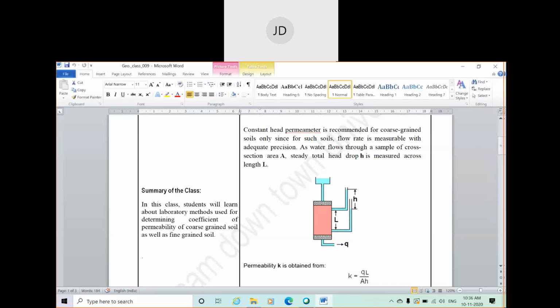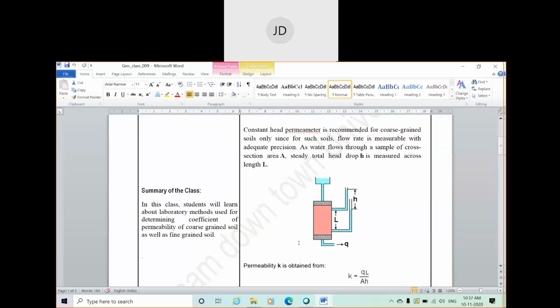So this known soil sample, you can say this coarse grained soil sample having length L and cross-sectional area capital A, is sandwiched between two water tanks. One is at the top and one is at the bottom.